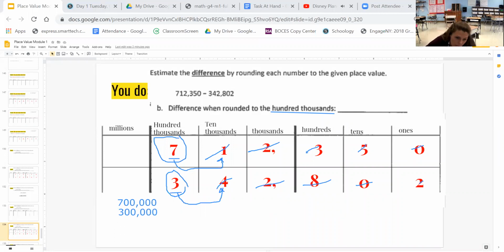So I hope you notice that this one is not as exact as ours. When we did the other one, it was definitely closer. But for me, 700,000 minus 300,000, super easy to subtract. Way easier than all of this up here. Let's go ahead and subtract and check with me that you did it correctly.